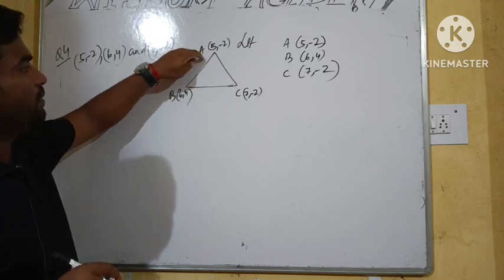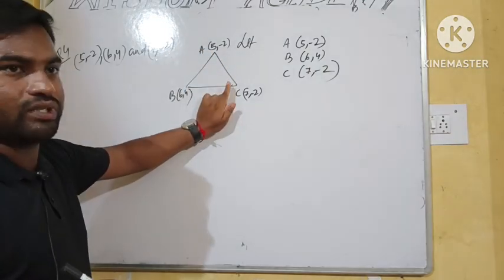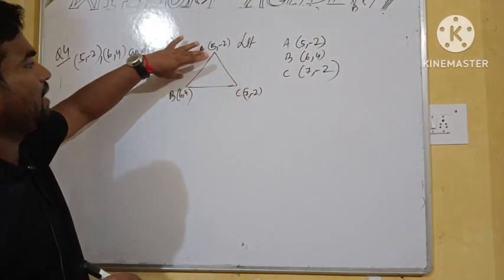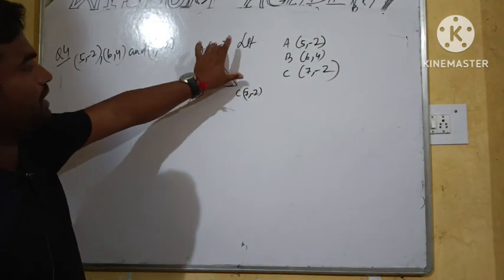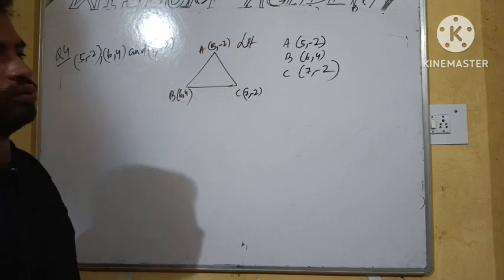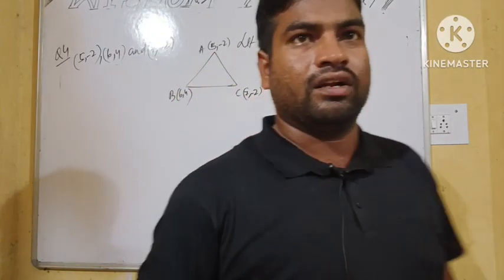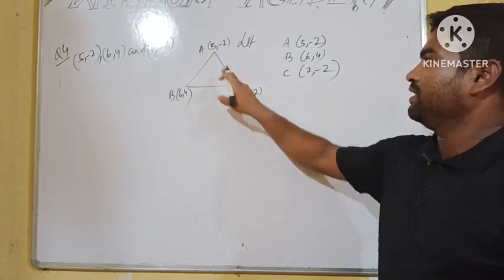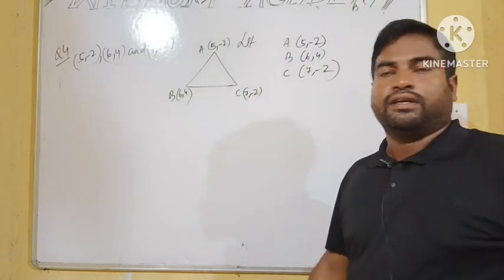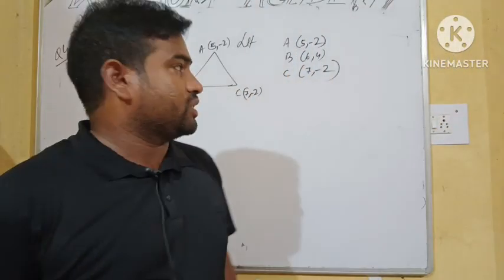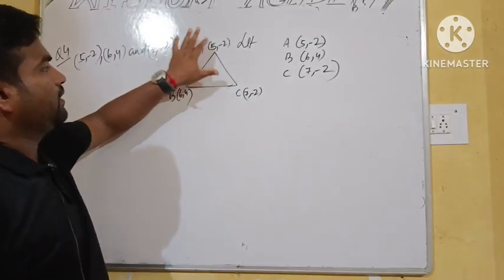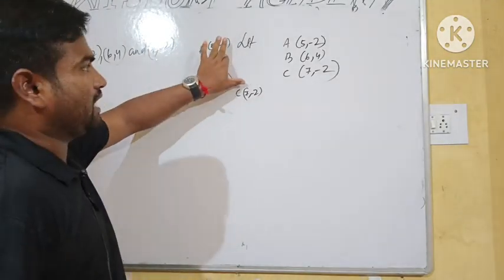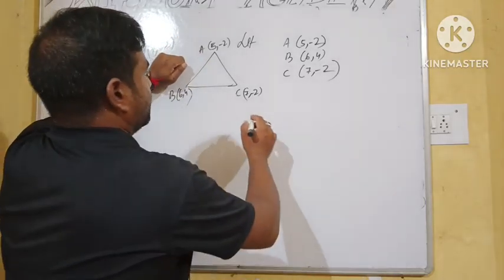If ABC is an isosceles triangle, then AB is equal to AC, or AB is equal to BC, or AC is equal to BC. Any two sides of this triangle will be equal if it is an isosceles triangle. So we have to find AB, BC and AC, the 3 sides of this triangle.